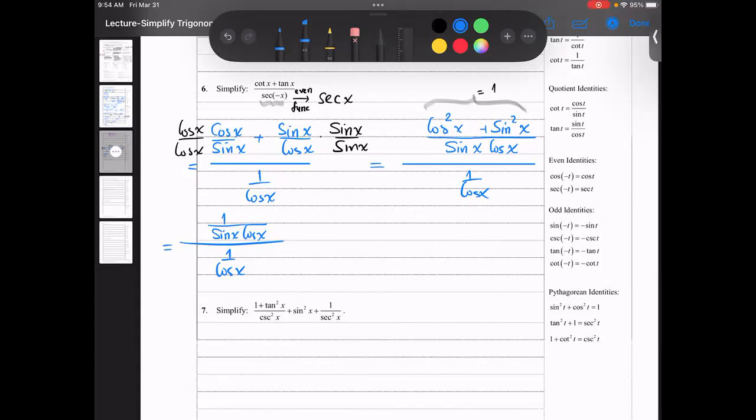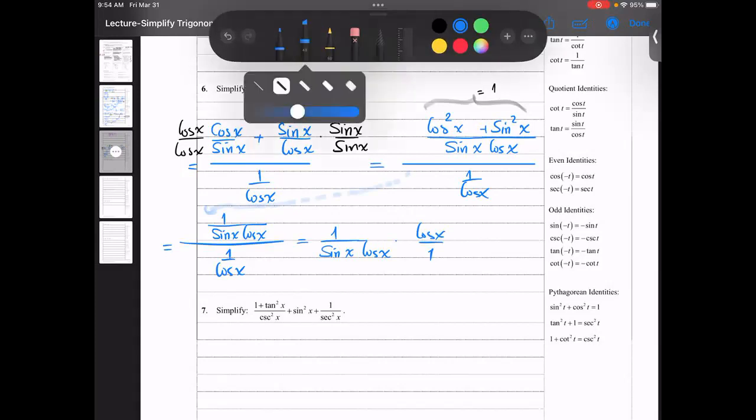Now I can flip and multiply, right? Instead of dividing by 1 over cosine x, I'm going to multiply by cosine x over 1. Now I can cancel, since it's multiplication.